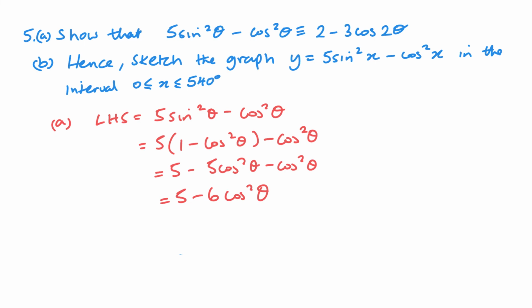Now if I think of my cos 2 theta, it is 2 cos squared theta minus 1. And if I rearrange this, I get cos 2 theta plus 1 equals 2 cos squared theta. Now I can divide by 2 to get a half cos 2 theta plus a half and substitute in, or I can substitute in as it stands.